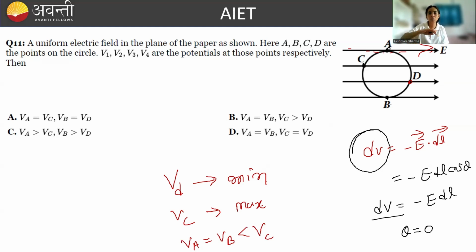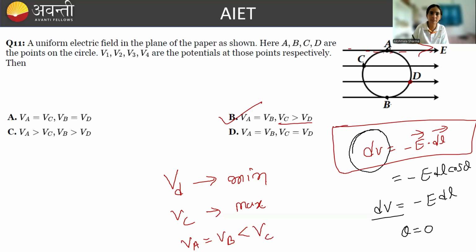Then, so as we move towards the direction of electric field, potential decreases. So which will be the correct answer? VC is going to be greater than VD. Yes. VA equal to VB. Yes. So B is the correct answer. Done it? So from where this calculation or this concept is coming from this equation. For theta equal to 0, dV, decrease in potential is minimum. It means in the direction of electric field, potential decreases the maximum.